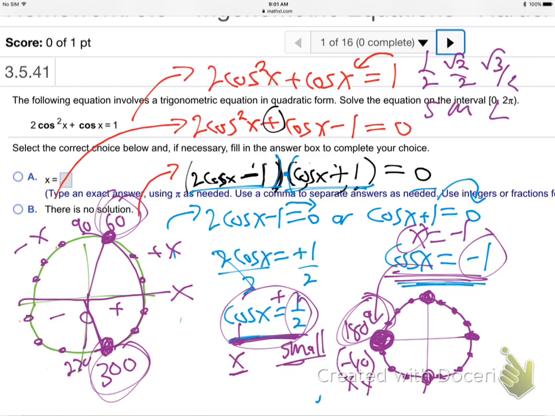Those 2 angles make cosine a half, which makes the left guy 0, and anything times 0 makes the equation true. And 180 makes the right guy 0, because it makes cosine -1. At 180, cosine's -1, -1 plus 1 is 0, and these guys multiply to be 0, so that equation's true. Those are the 3 places that make this trig equation true.